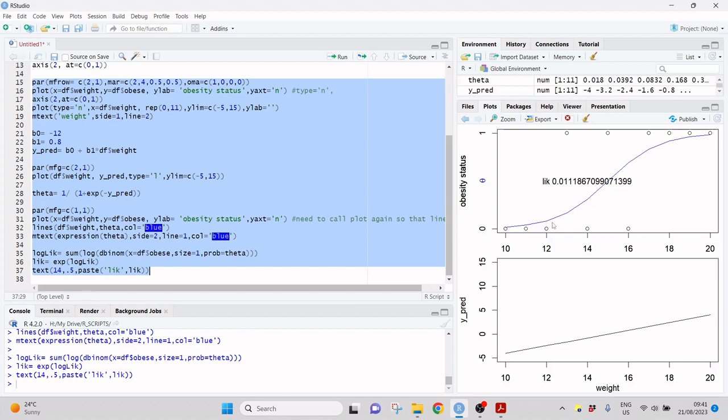So we cover these lower points well with the low values in our curve. These ones we cover well, and here the data are kind of undecided, so it's not really clear at this rate what the obesity status should be, and that's also reflected by our curve. So that seems pretty good.